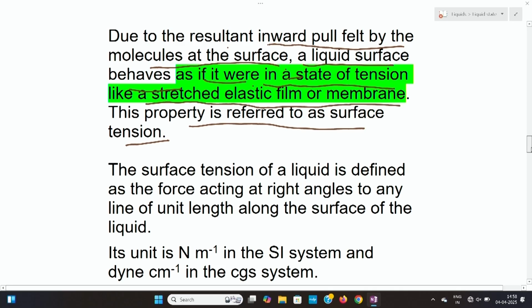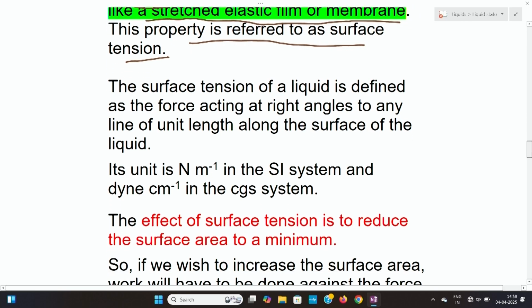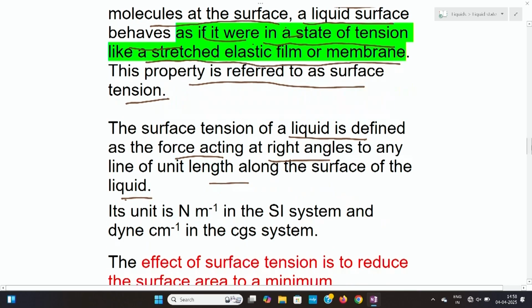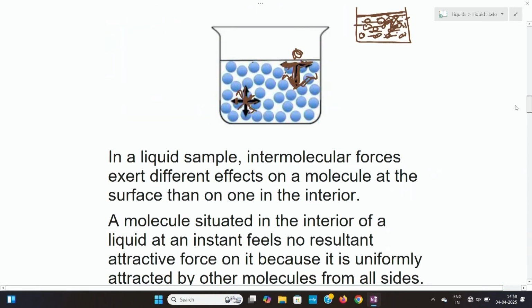We can explain this surface tension in another way. The surface tension of a liquid is defined as the force acting at right angles to any line of unit length along the surface of the liquid. That is, when a line is here, the molecule experiences a force here, and that force is perpendicular to this line.